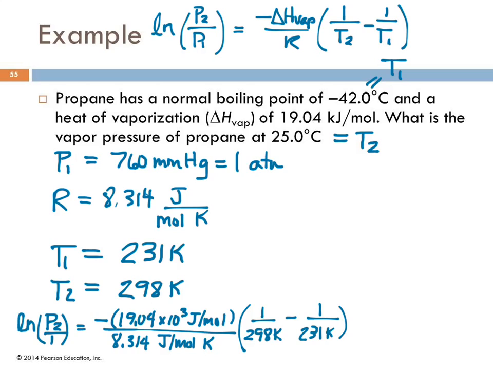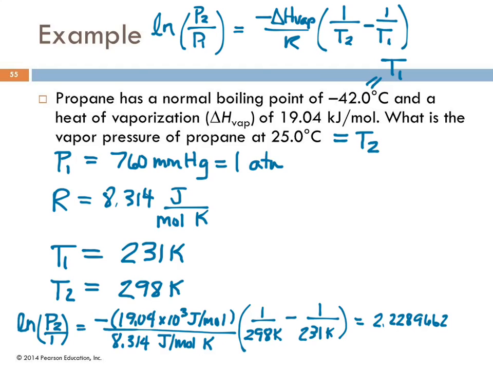That's a negative. And I'm going to divide by 8.314. And I'm going to get that the natural log of P is 2.2289662 is what my calculator is telling me.